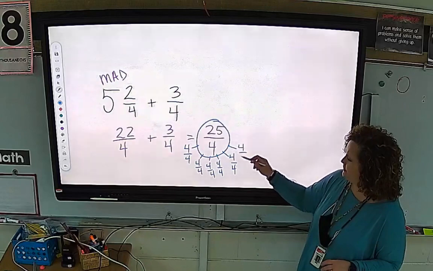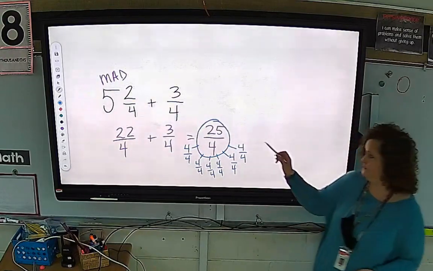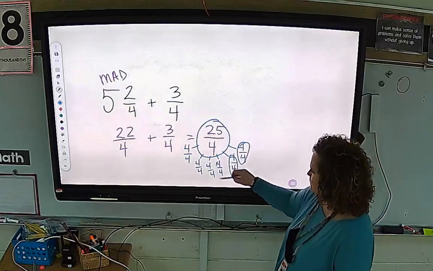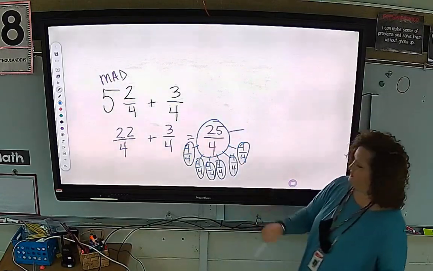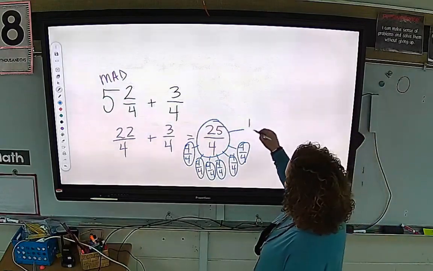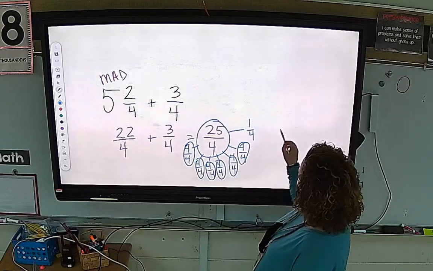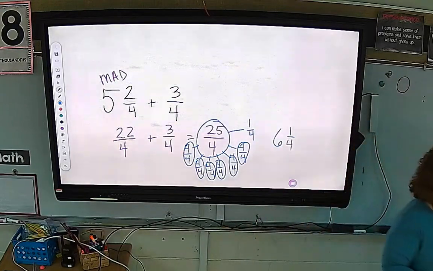Or you could have separated them all like that. Okay. And how many are left? That's 24 of them. So how many are left? 1/4. Okay. So 6 1/4. And that's what we had gotten before.